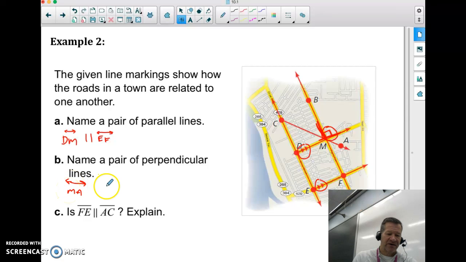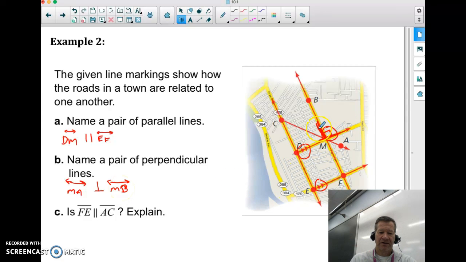Here's the symbol we use for perpendicular. We just draw 2 lines that look perpendicular to one another. MA is perpendicular to line MB. And that's how we draw that one.